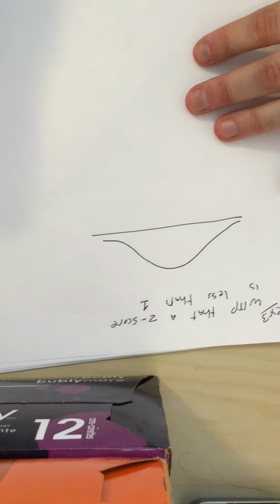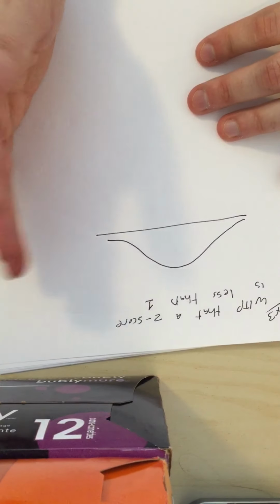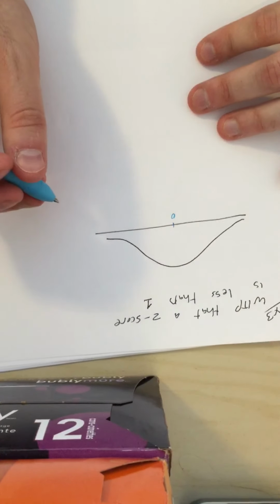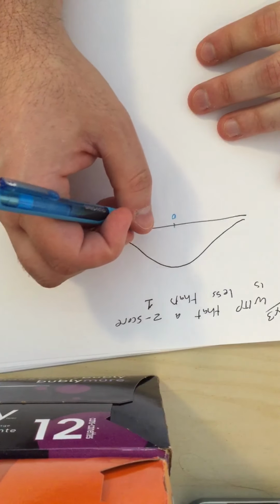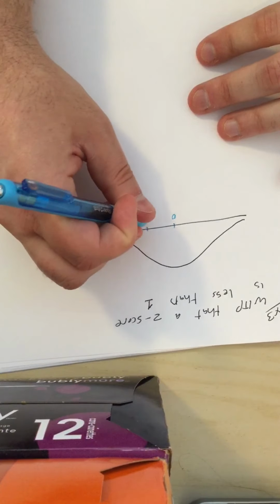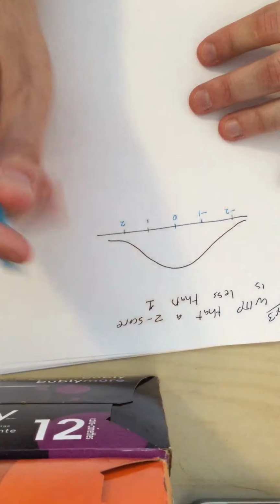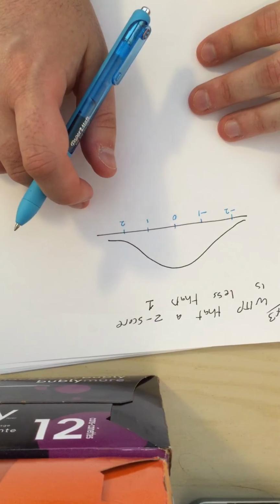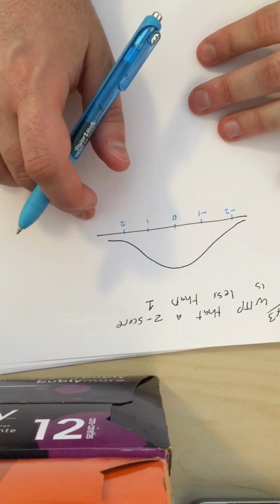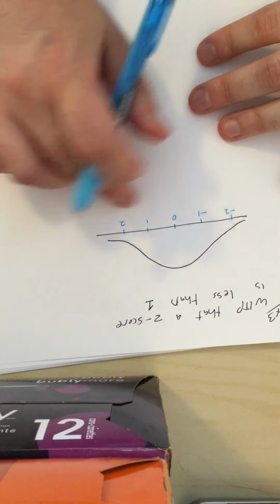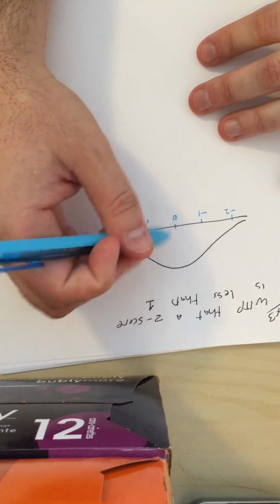The z-score, as you may or may not recall, is the number of standard deviations away from the mean. So at the mean, we are 0 standard deviations away from the mean. When we're 1 standard deviation away from the mean, we're at 1, then 2, minus 1, minus 2. So what I've done is I've changed the axis here. Before I was doing it in terms of actual values, but now these numbers are z-scores, with the mean having a z-score of 0.